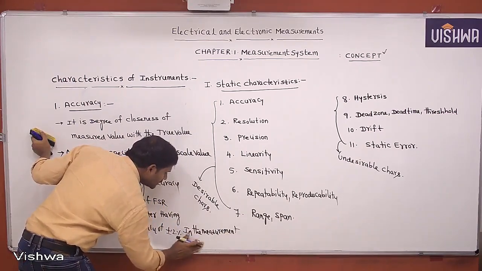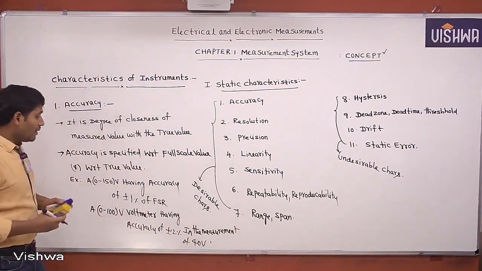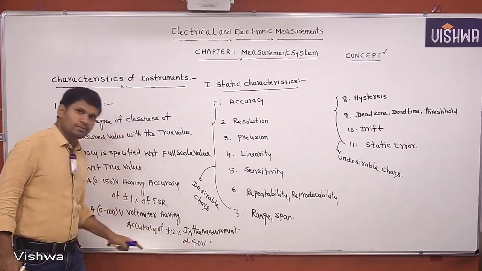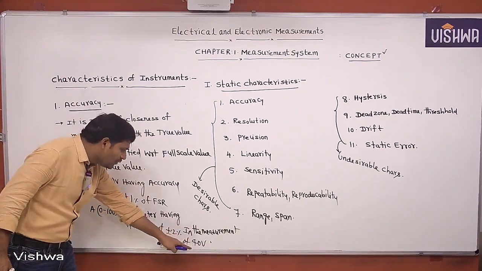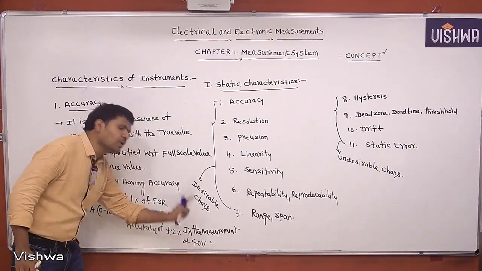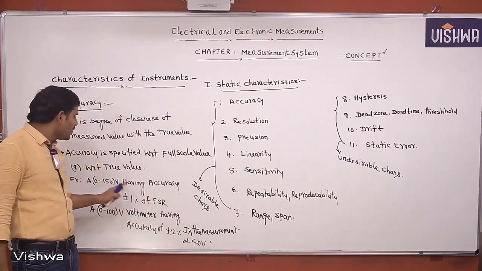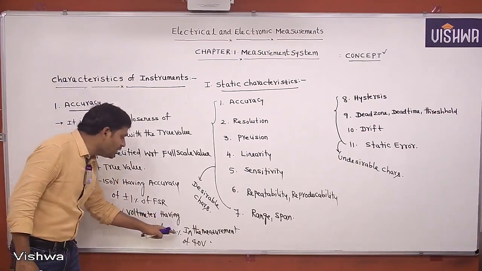Like this also specified. In the measurement of 40 volts, we don't measure exactly 40 volts. We can measure plus or minus 2% of 40 volts. That is the meaning. It is specified with respect to full scale value. It is specified with respect to true value.